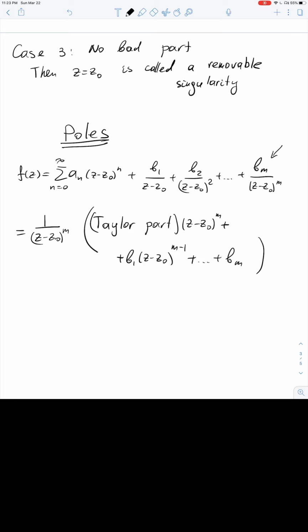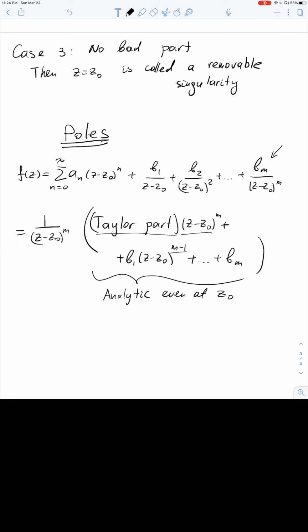And this thing in the parentheses is all analytic, even at z0, because the Taylor part times (z minus z0)^m is another Taylor type thing, and all these powers here are now non-negative.